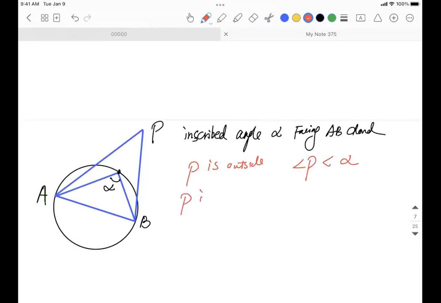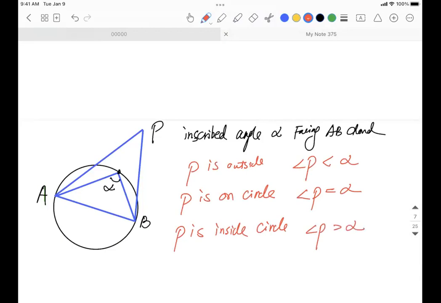If P is on the circle, angle P is equal to alpha. If P is inside a circle, angle P must be greater than alpha.